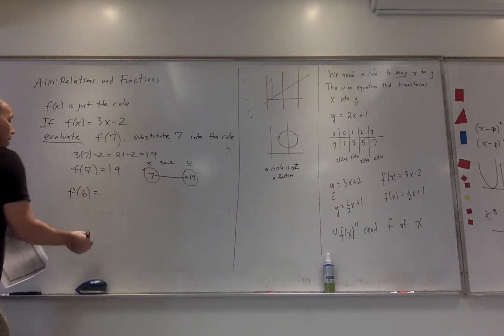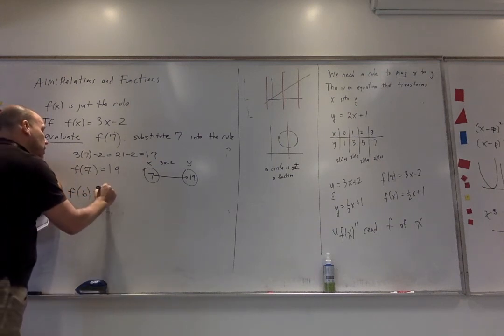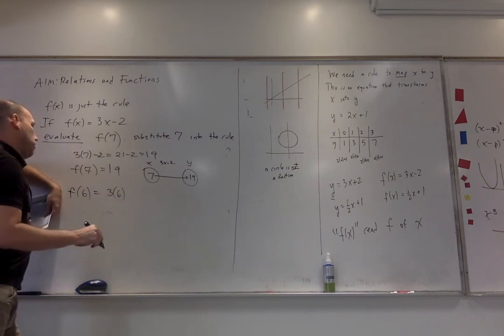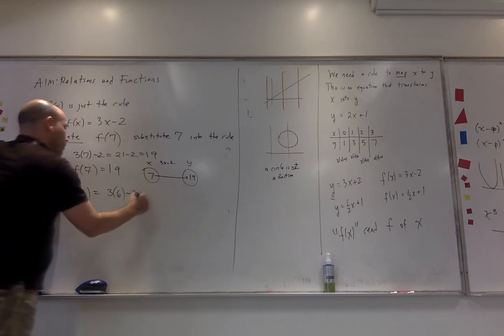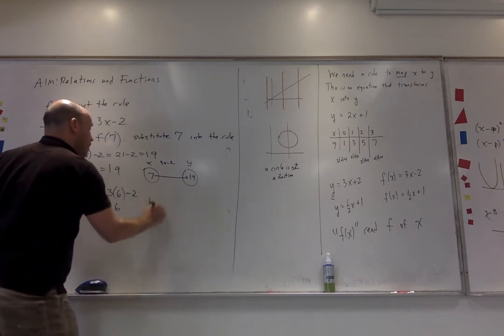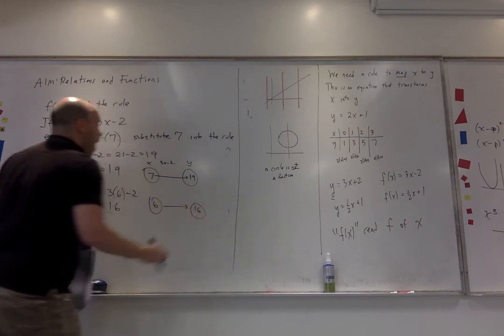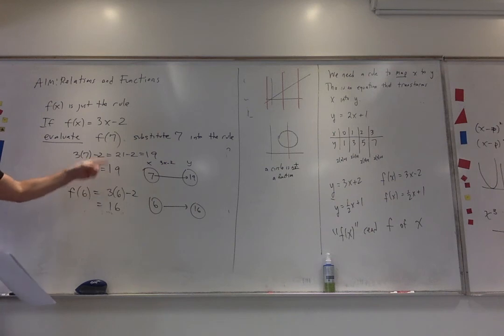Well, the f rule takes 6 and multiplies it by 3 and subtracts 2, which equals 16. Once again, 6 gets mapped to 16. And you can plug in any numbers here. That's the idea of f of x.